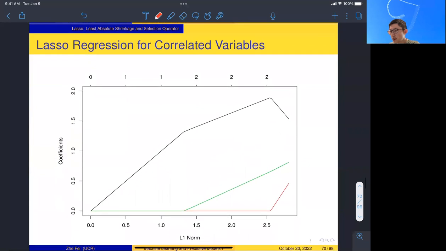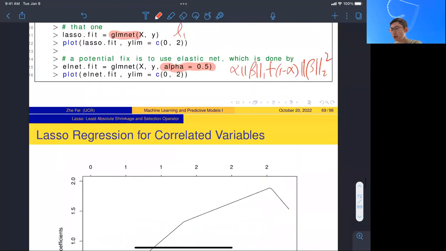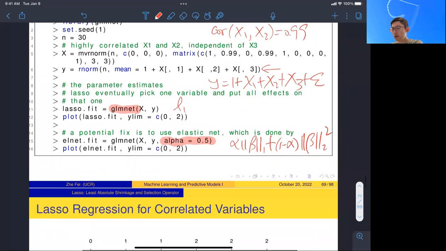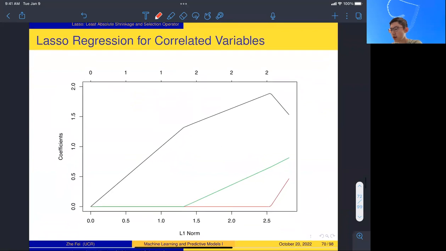So let's see. This is the lasso solution, because it's essentially this lasso fit that we plot here. As lambda increases, the estimates would go to 0, but at a different pace.